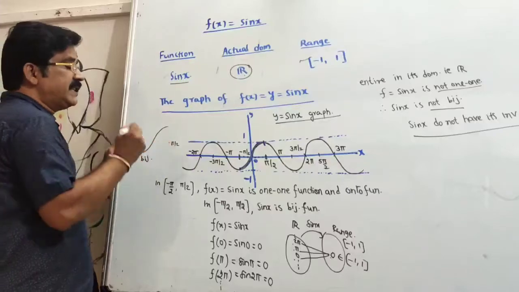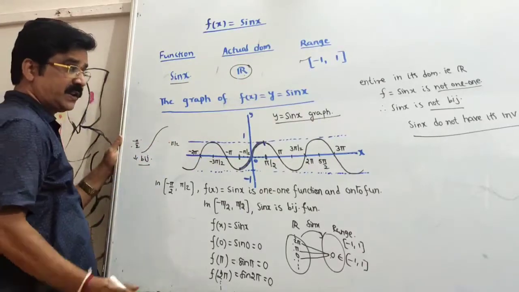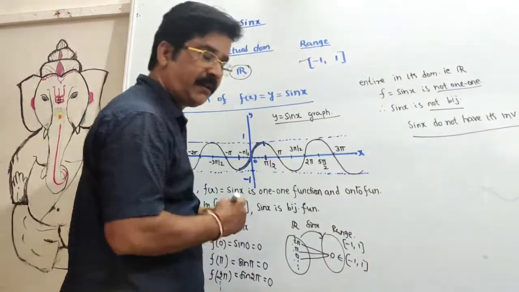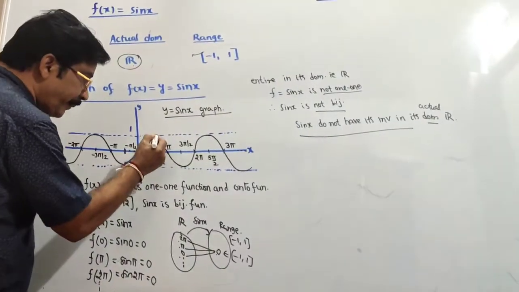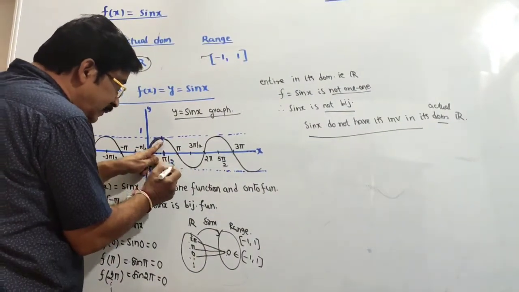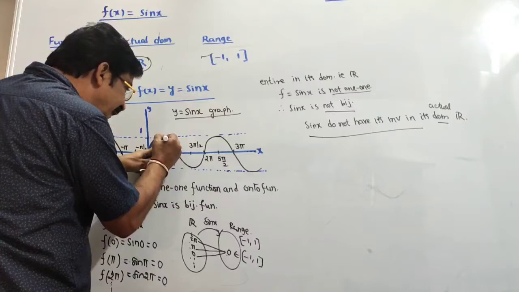Not only in this area is it a bijective function, but also observe the graph from pi by 2 to 3 pi by 2, this area also.